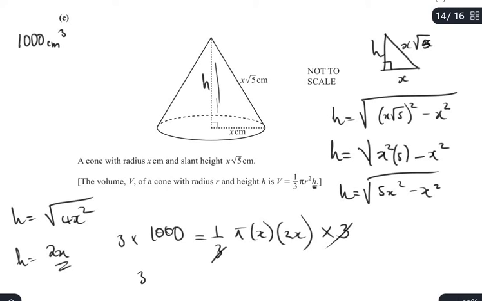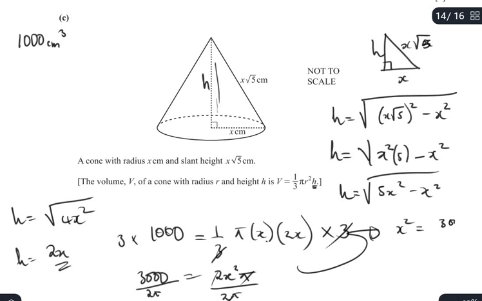And then you get your 3,000 equals 2x times x gives me 2x squared pi. Then I divide by 2 pi, which gives me x squared equals 3,000 over 2 pi.